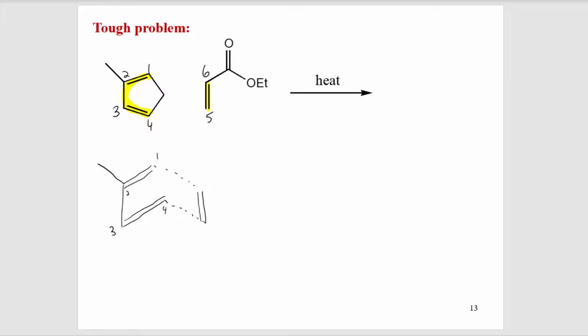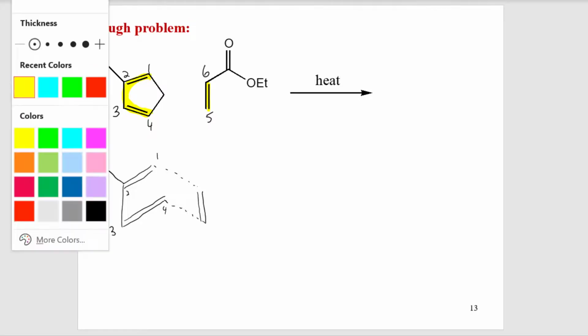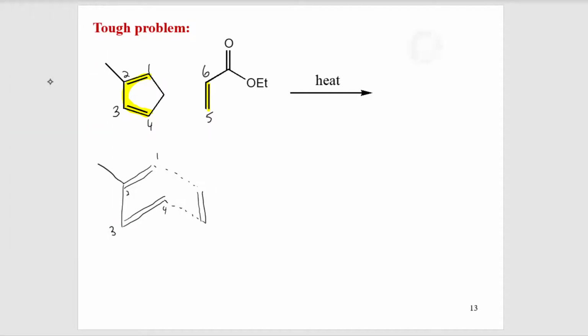Now, I've got to figure out, maybe I should skip to the electronics right now and figure out which way that ester is going to be, as indicated, or do I have to move things around? So let's think about the plus and the minus. The best position for a positive charge, given the fact that I have this electron donating group, methyl, is carbon 2.